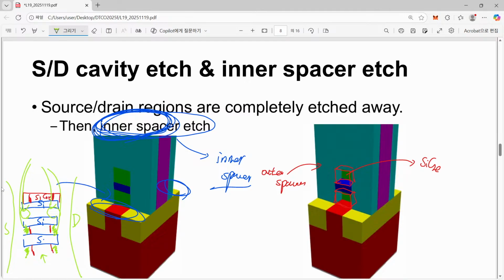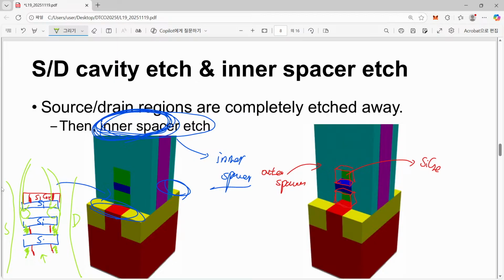MOSFET and previous FinFET. In the case of a FinFET, we just used the entire silicon and there was no silicon germanium. So therefore we don't have to introduce any kind of structure called an inner spacer. However, in the case of nanosheet MOSFET, we intentionally introduce silicon and silicon germanium, and eventually silicon germanium is removed.